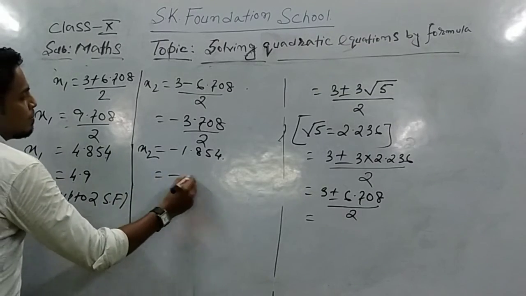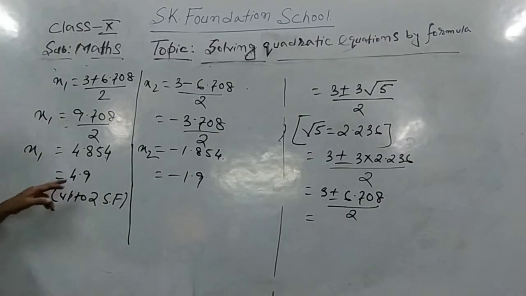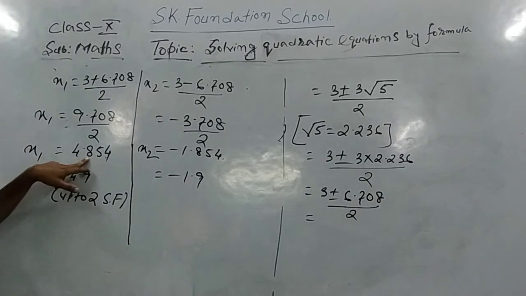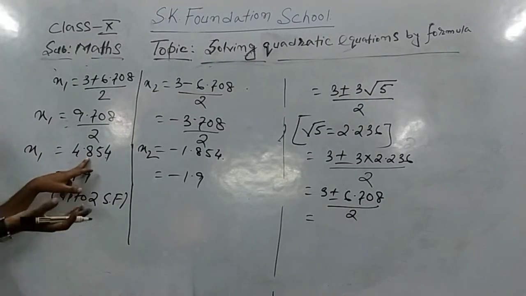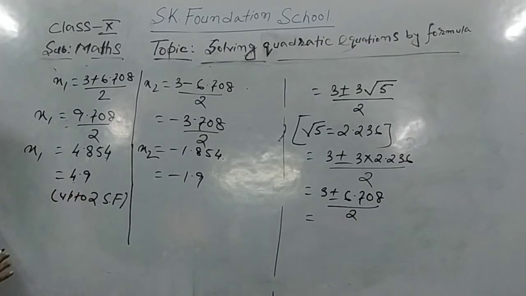For this other number, same reason, minus 1.9, because look here, if the digit is 5 or more than 5, then we move to the next number. So after 8 comes 9, that's why we write 4.9.